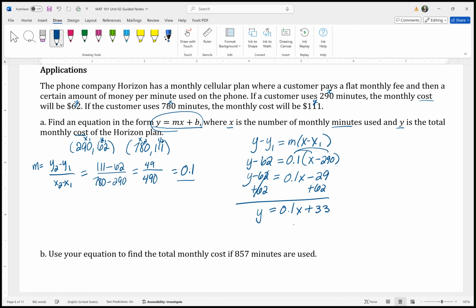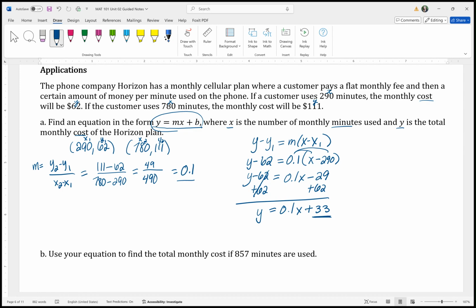In terms of this problem, I want you to understand what you just got. Yes, you got an equation. You got the answer. Great. But the understanding is also important. So what is this 33 representing? The first sentence of this problem says the phone company has a plan where a customer pays a flat monthly fee. So the monthly fee they're paying here is $33 a month.